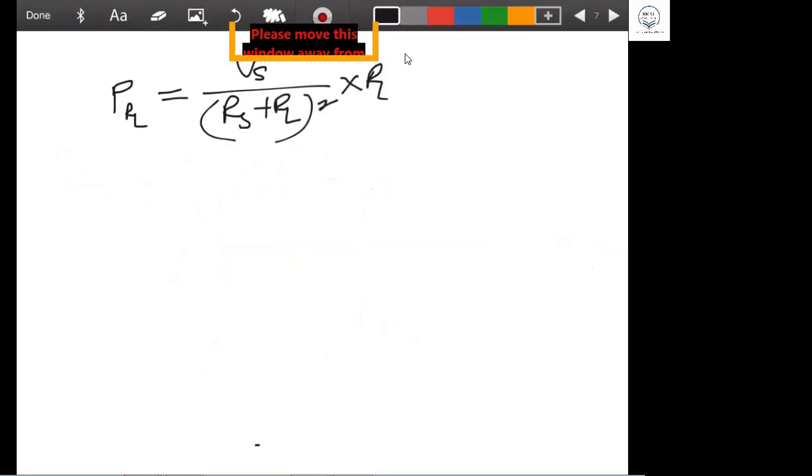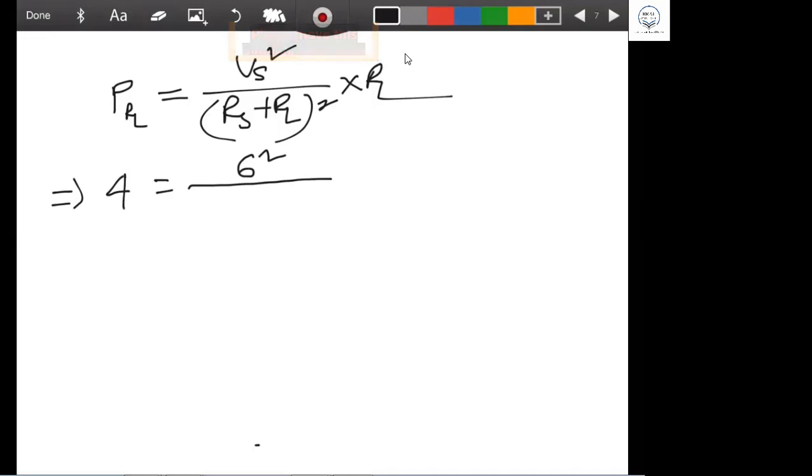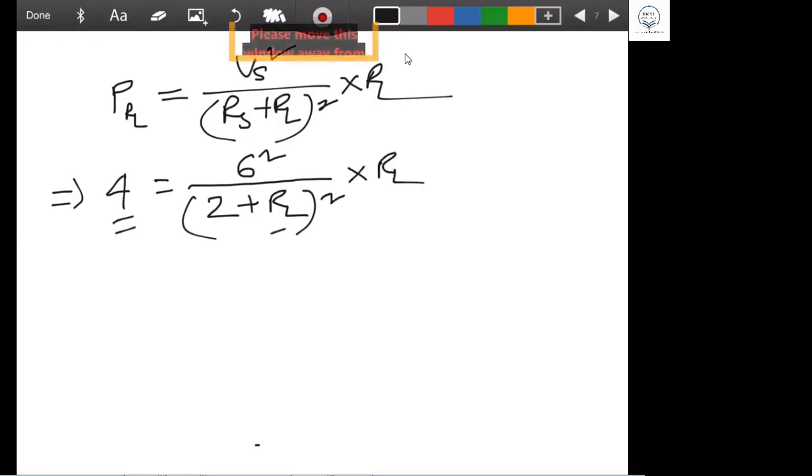The power is 4 watt, the voltage is 6 square, RS is 2 ohm. That is what we have to find: for which RL we are getting 4 watt.